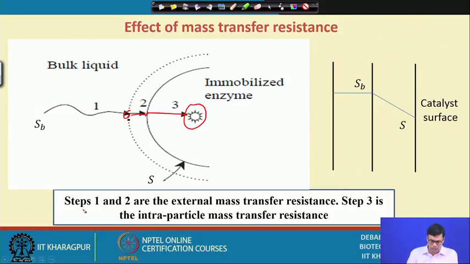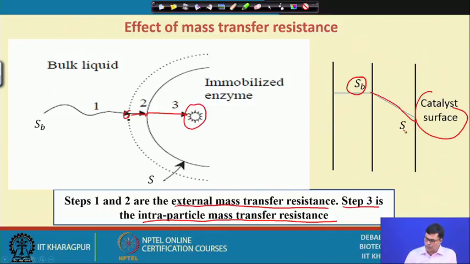This is the inner part. So, steps 1 and 2 are the external mass transfer resistance, and the third step is the intraparticle mass transfer resistance. SB is the bulk substrate concentration, and this is the catalytic surface. When it reaches the surface, this is SS. SS means the substrate concentration at the surface of the solid matrix.